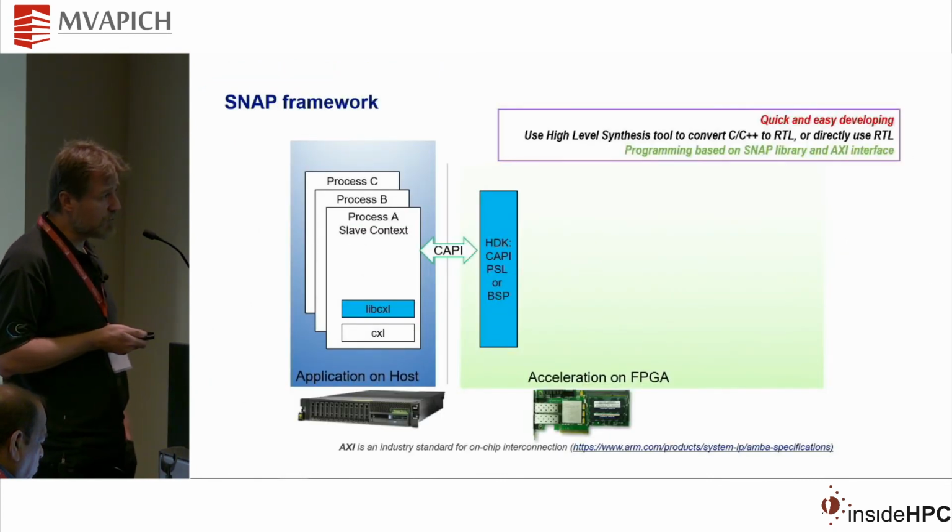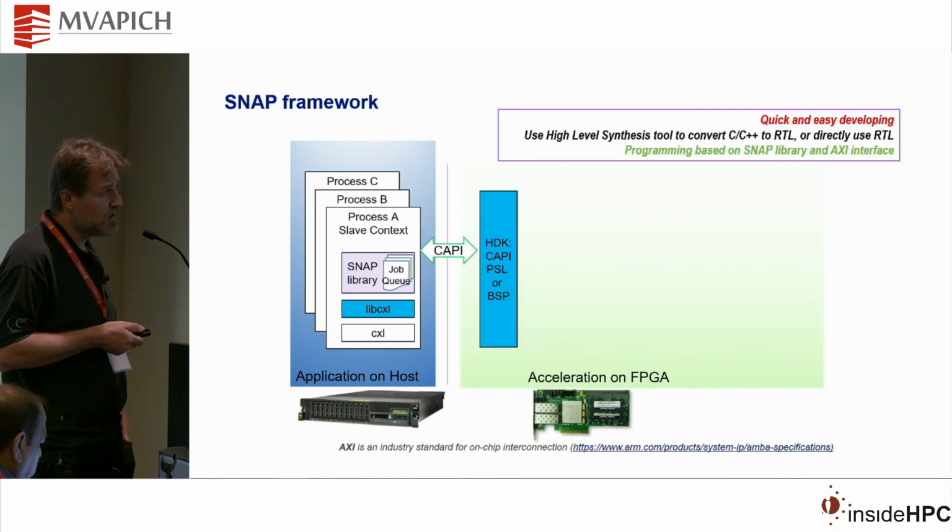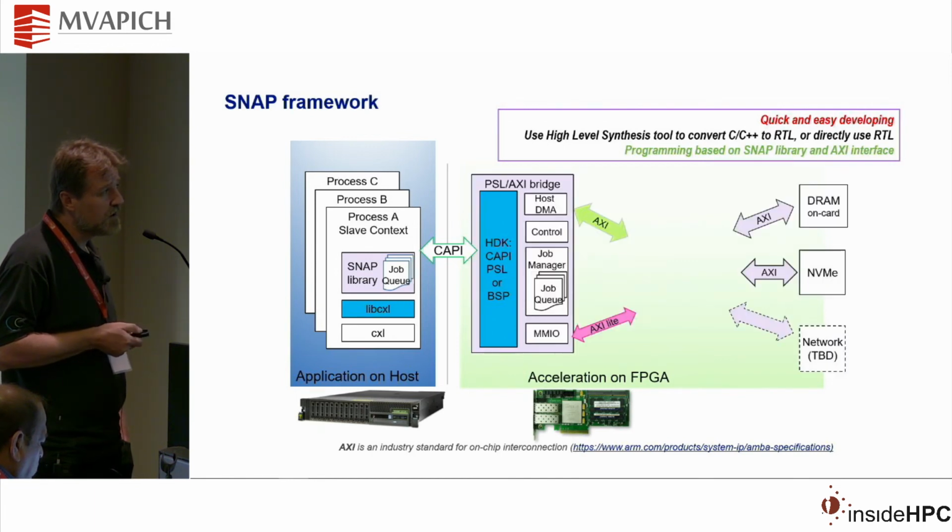So if you use the SNAP framework, you get the same as before. You have a basic library to talk to the hardware. We have a SNAP library to handle queues. We provide a complete framework which allows you to hook up a memory, an NVMe, a network. Since it's a Xilinx IP, we cannot make it open, but it's provided by Xilinx.